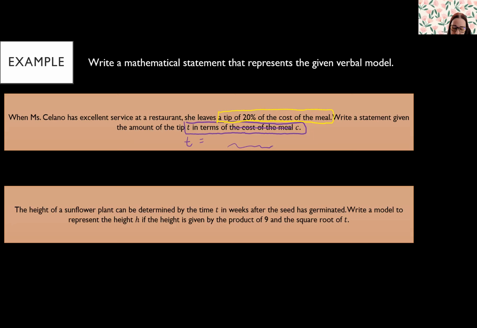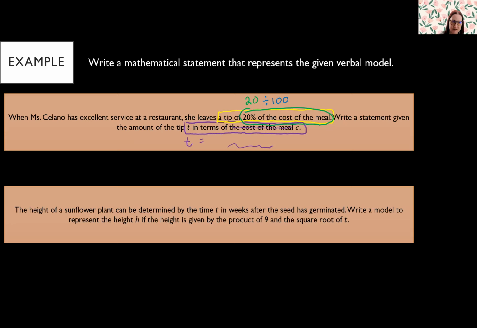So our tip is T equals. So our tip is equaling. And so you've got tip of, and then what is it equaling? 20% of the cost of the meal. So when we translate this, we've got 20, we've got percent, which we know is divide by 100.